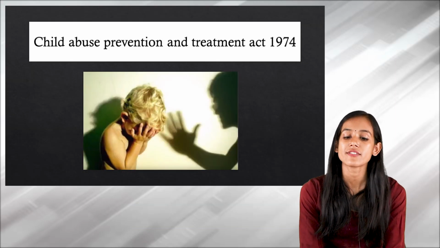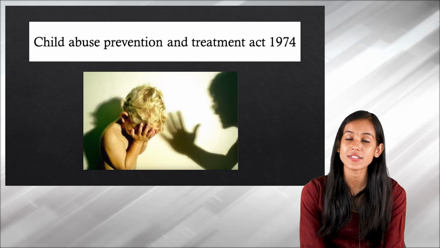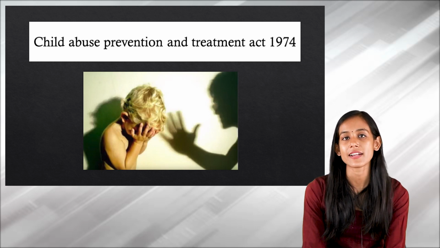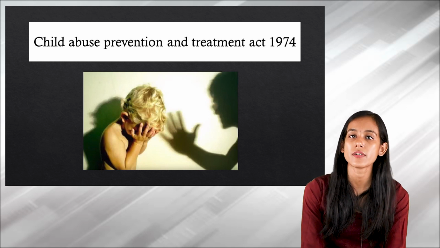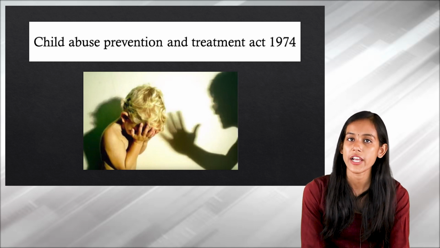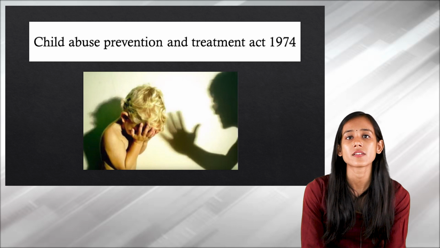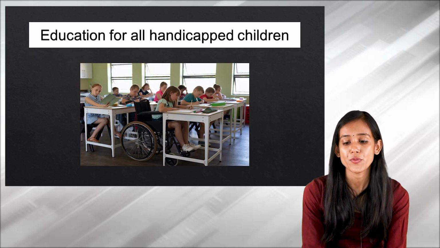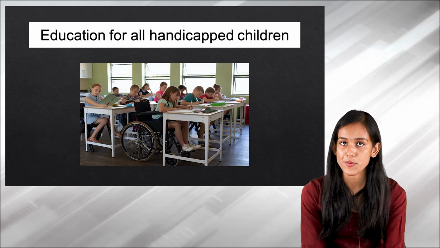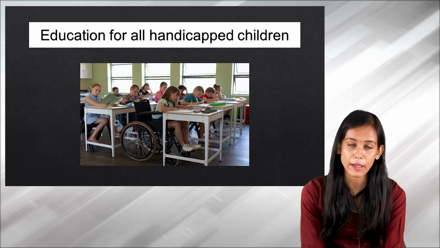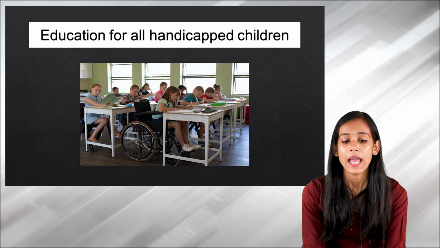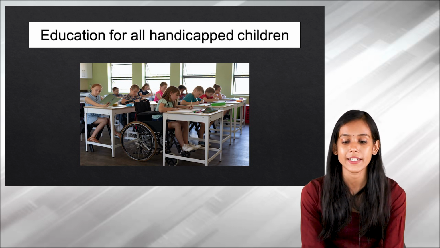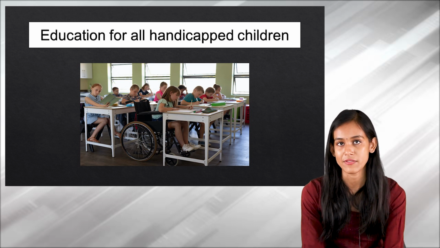The next law is the Child Abuse Prevention and Treatment Act 1974. In this act, we learn how to prevent any kind of child abuse, like physical abuse, mental abuse, or sexual abuse. For that, the Child Abuse Prevention and Treatment Act was established in 1974, and the next law is the Education for All Handicapped Children Act 1975.